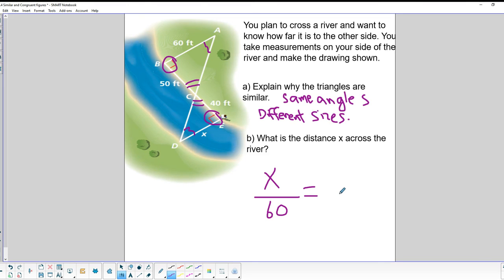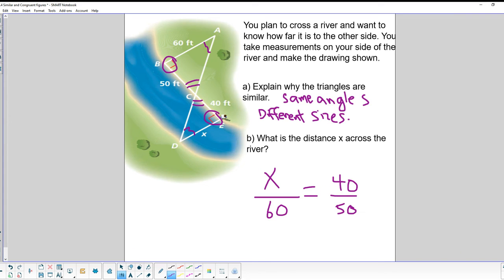So the other two side lengths that I have are 50 and 40. Since I've got 60 on the bottom down here, I'm using the biggest number on the bottom. So I'm going to use the 50 on the bottom of this fraction and the smaller number on top, which is 40. So all I have to do is cross multiply and solve this.